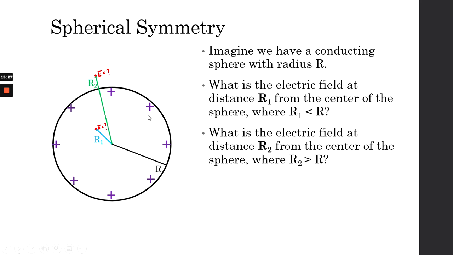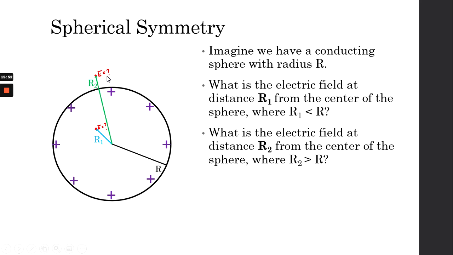If we have a sphere, something like this, it can either be conducting or insulating. In order for us to solve for the electric field at this point, or even at this point, this is where the Gaussian surface comes in. Again, like I mentioned earlier, a Gaussian surface is basically an imaginary surface that we can draw in order for us to derive the electric field.